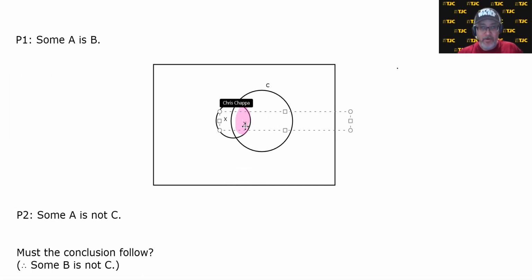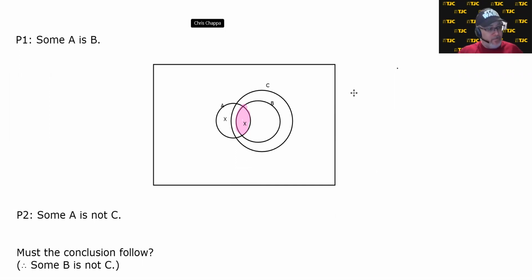It's not the one I wanted to get rid of. All right, just ignore the X in the middle. Have we illustrated premise 2? Yes. This X over here shows that some A is not in C. So we've got both premises satisfied. Must the conclusion follow?